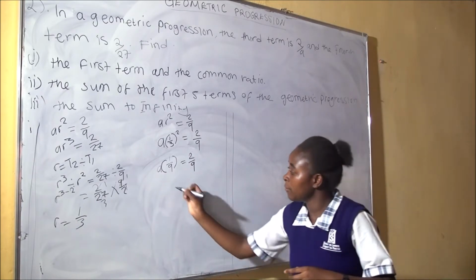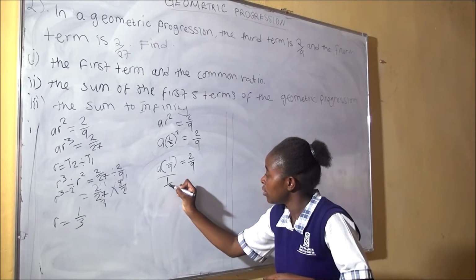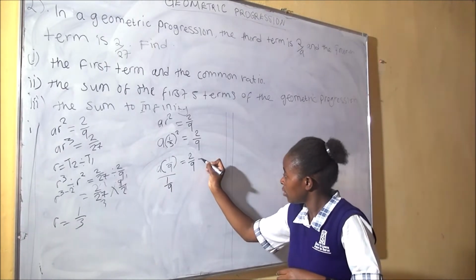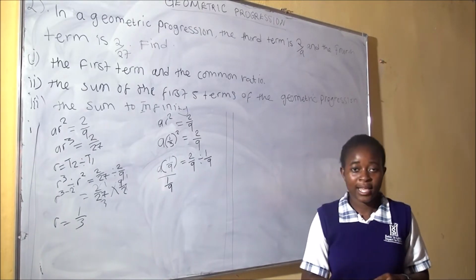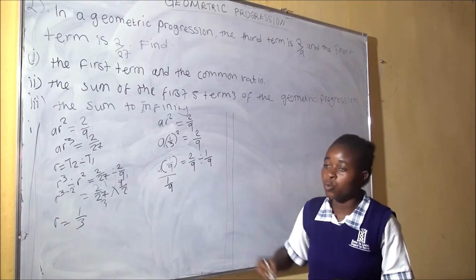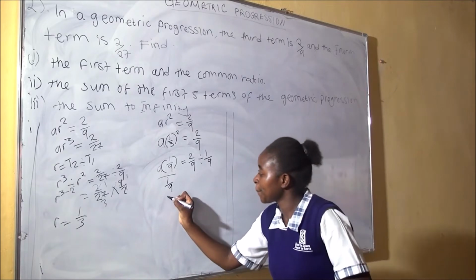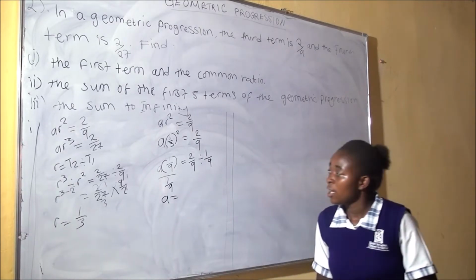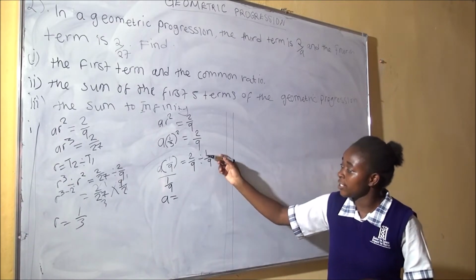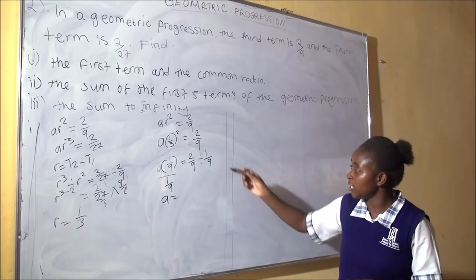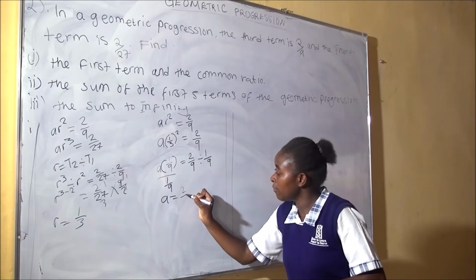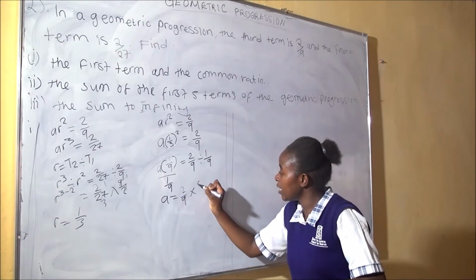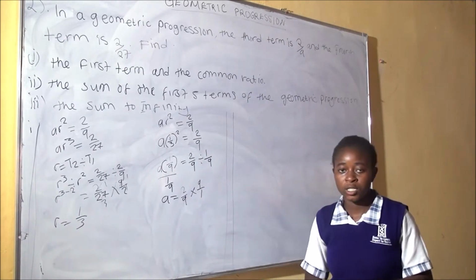So here we have a, then this and that will remain with the a. When we reach here, the division sign changes to multiplication and 1 and 9 swap. So we have 2 over 9 times 9 over 1.